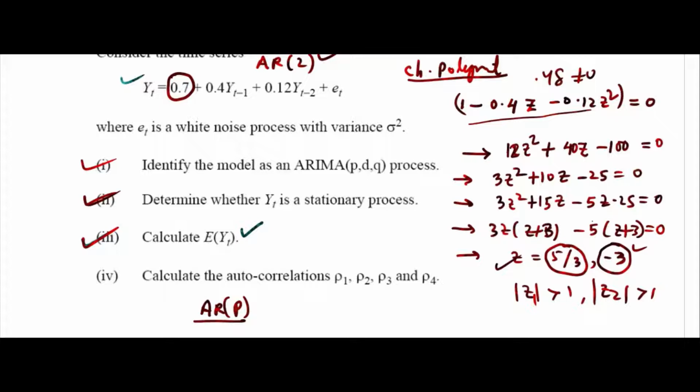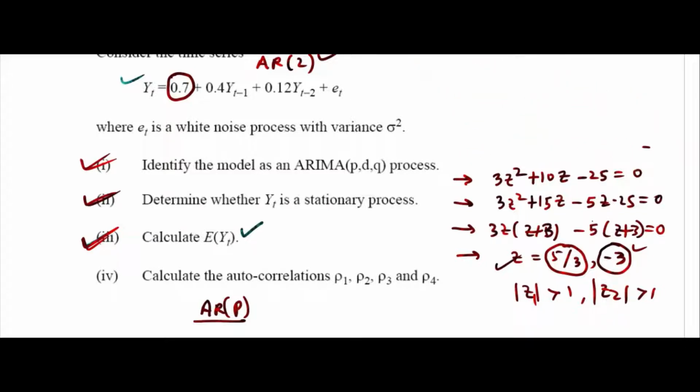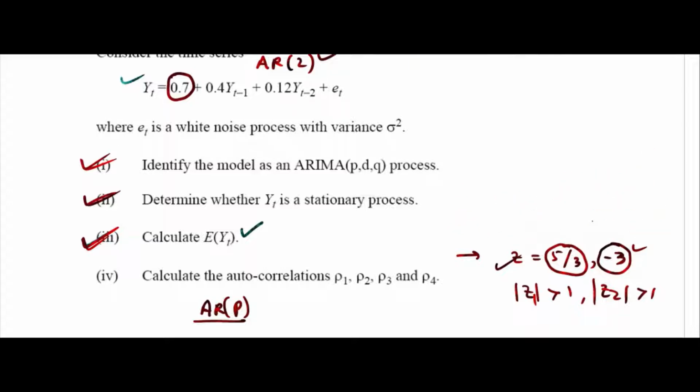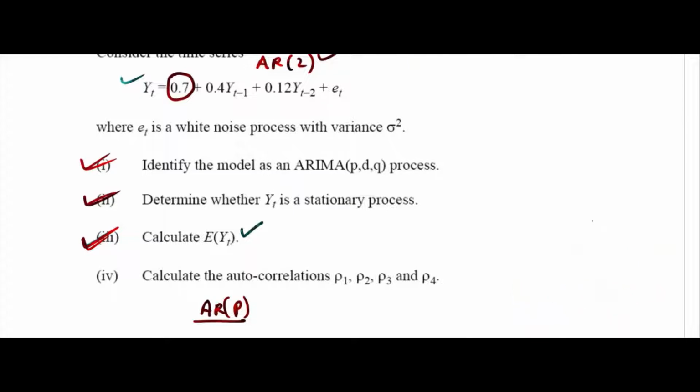Then in part 3 you have to calculate EYT. Remember, I said how to know mu in part 1. Now in part 3 you can know mu. There is an easy process, but how? See, in part 1 also we found mu, but in part 3 now we'll find mu. This is not true each time. If the process is stationary, if part 2 is satisfied, then only you can do it this way. Okay, so from part 2 only you can come to part 3.